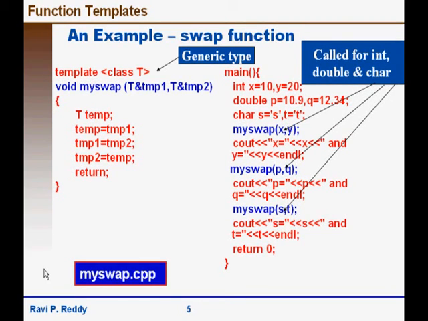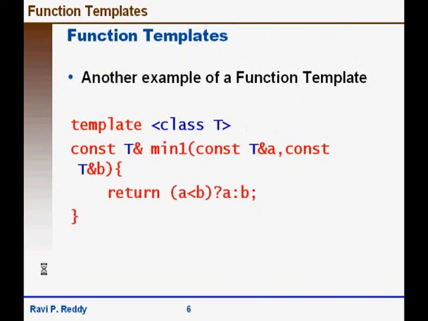So we are seeing that the same function template has been called for int, double, and char, and also for strings in our example. Another example of a function template here is this function template for a min function. Here the function is min1.